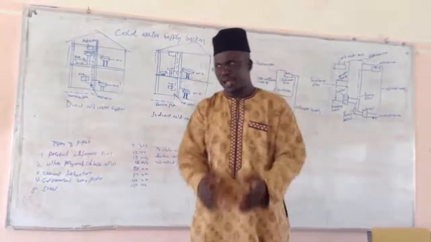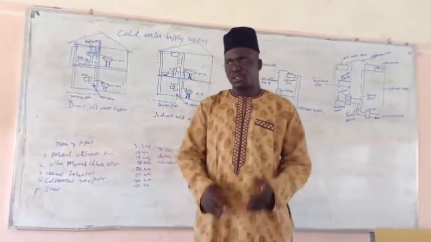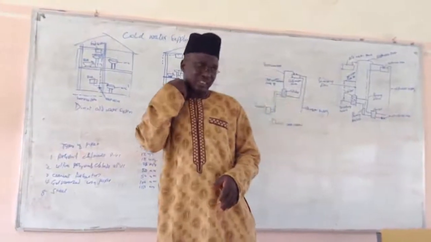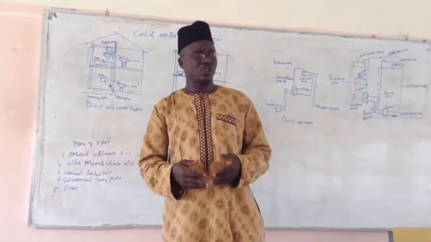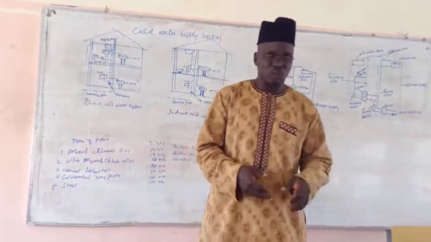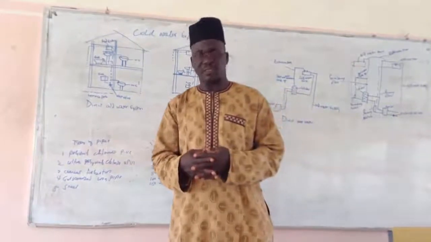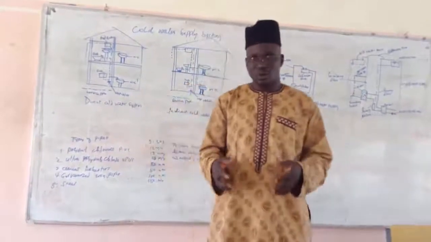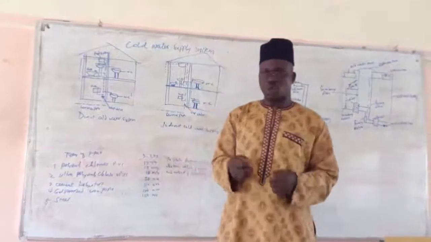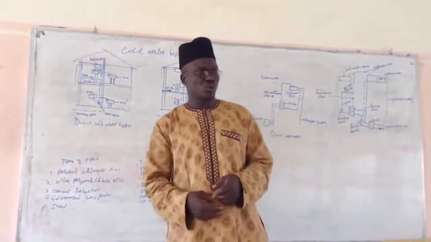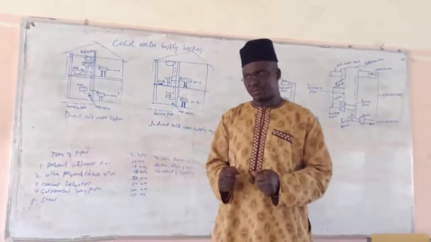Now, if we have this source of water, in urban cities we used to have the water authority which constructs and distributes water to various homes in the city. What are the two methods of water distribution to your home? I said the common two methods are either direct or indirect.